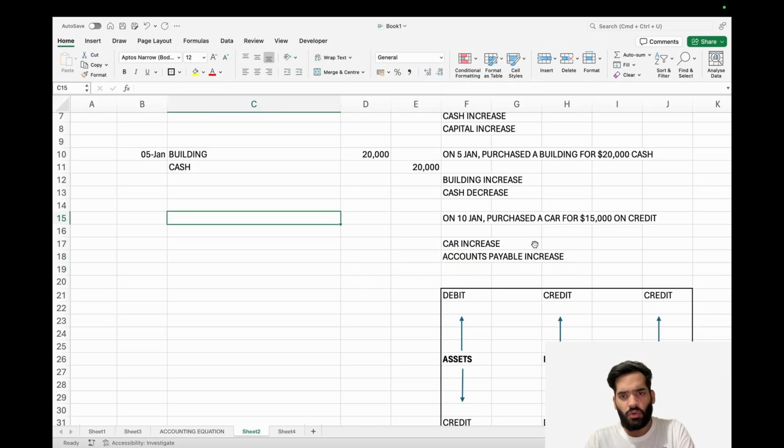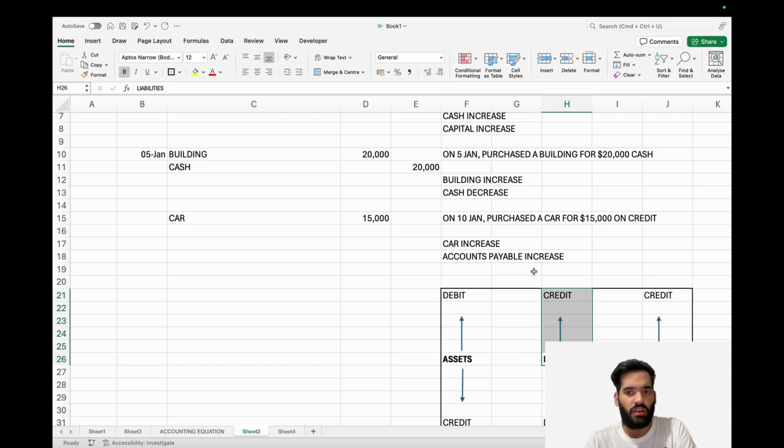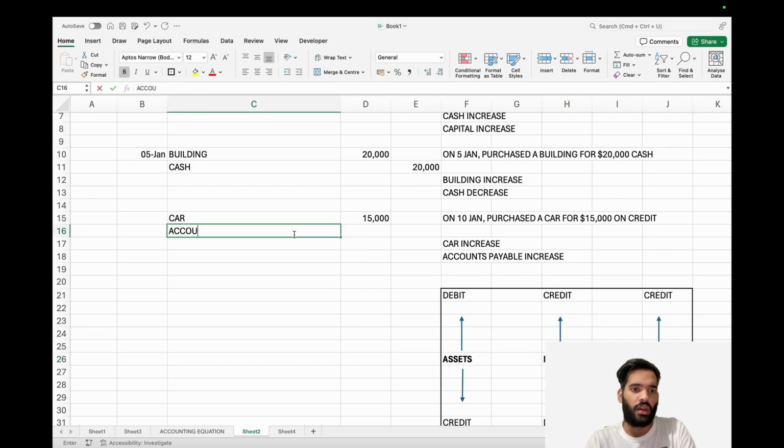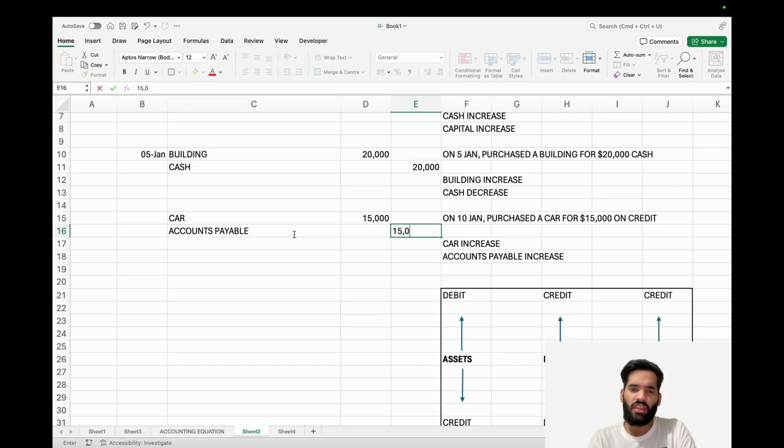Now if you apply the rules, car is an asset, asset increases on the debit, so car will be debit. Accounts payable is a liability, and liabilities increase on the credit side, so accounts payable will be credit. So I hope you're seeing that if you just understand the transaction effect, you always know the entry.